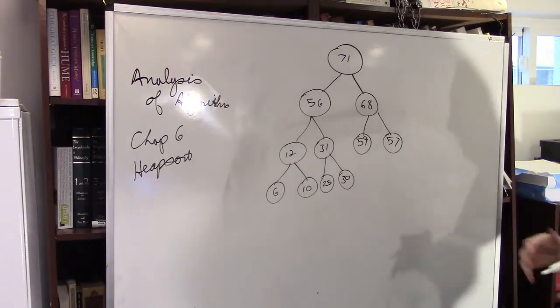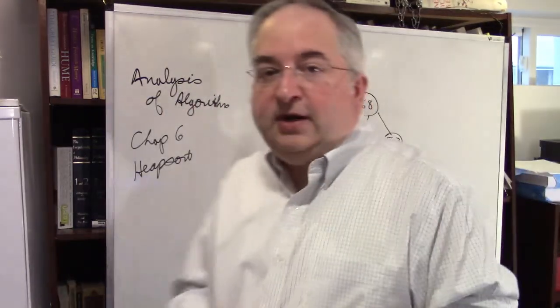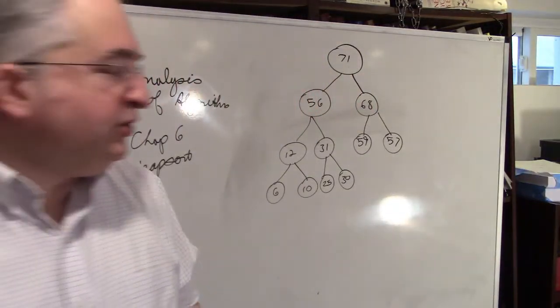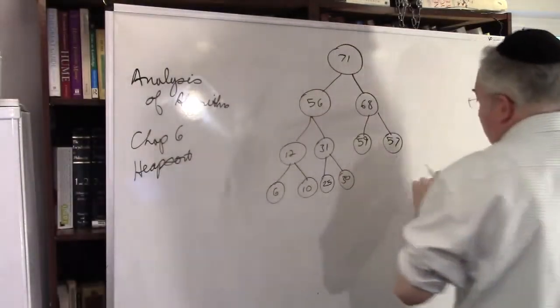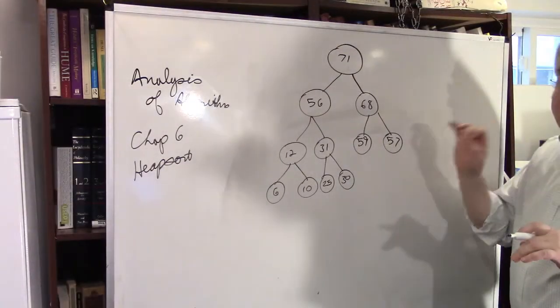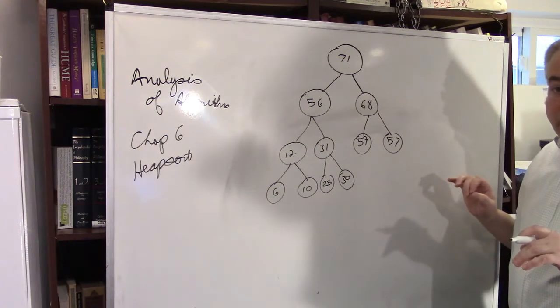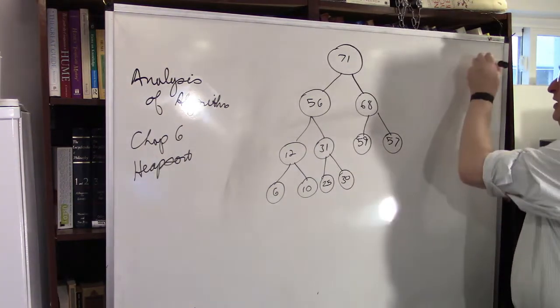Now, we know how to store binary trees. We know how to do data structures like that. We're not interested in that, but there's a very nice way of storing a binary tree, and that's in an array.